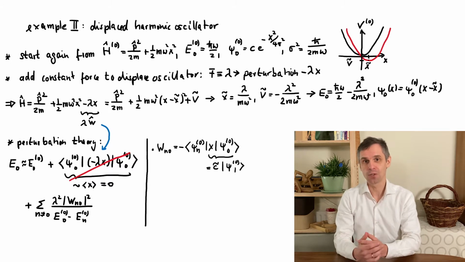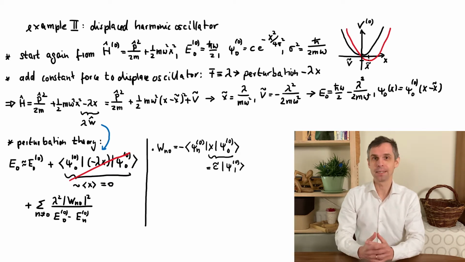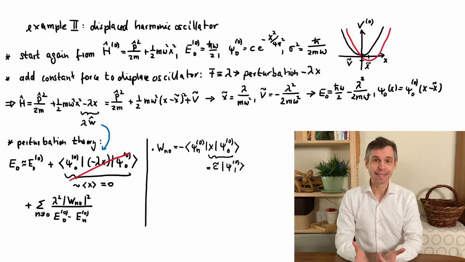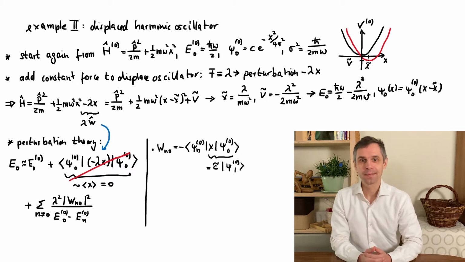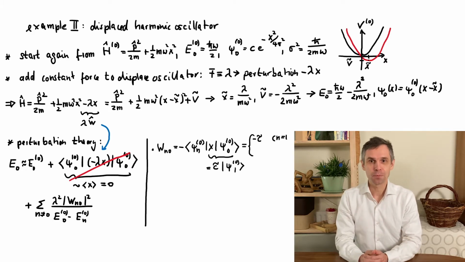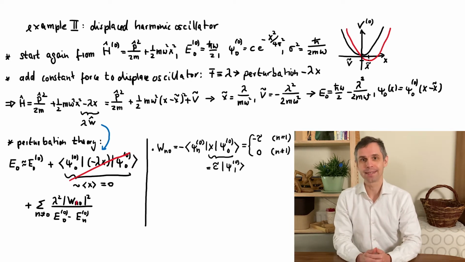X is just the first Hermite polynomial with a suitable proportionality constant C tilde so that all states remain normalized. And because all these eigenstates are orthogonal to each other, this just vanishes unless n is equal to 1. And then this expression simply becomes minus C tilde because of the normalization of the states.